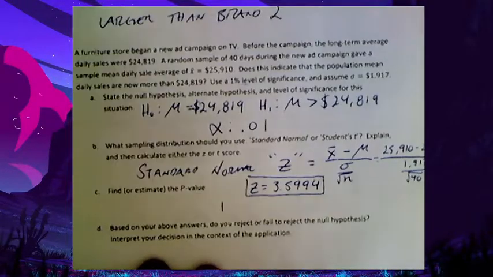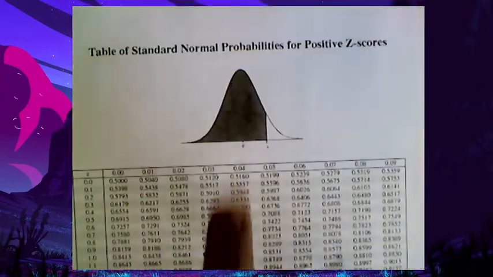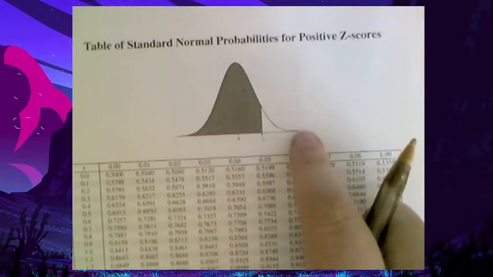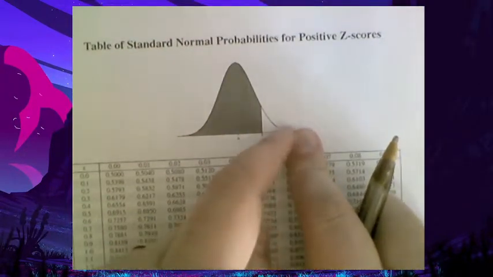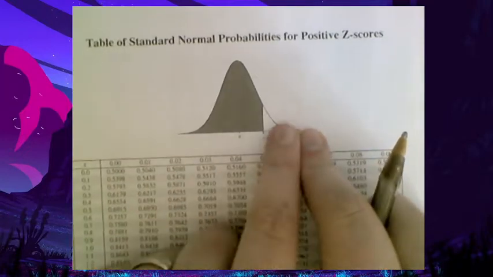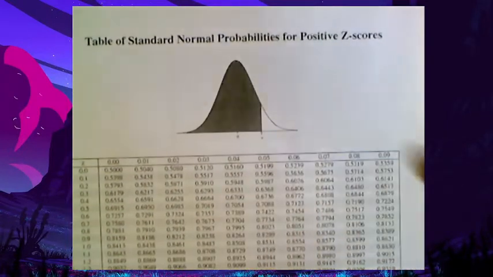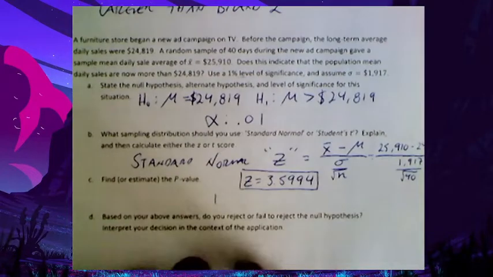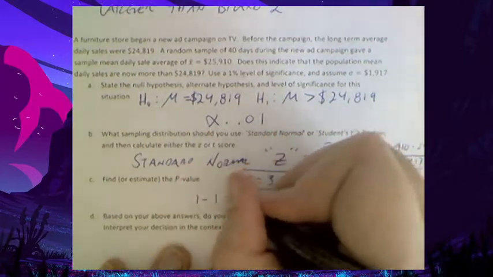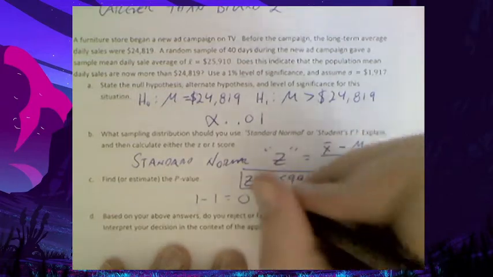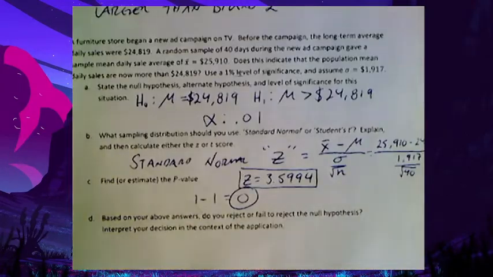But that is for a left tail, right? So we're way over here and said, hey, everything left of it is 1, which means everything to the right of it is effectively 0. So 1 minus 1, super easy math for you, gives you a 0 for your p-value. If you do the actual calculation without the estimate chart, it ends up being 0.0001. So it's a very, very small number, so that's why we're estimating it to 0 there.